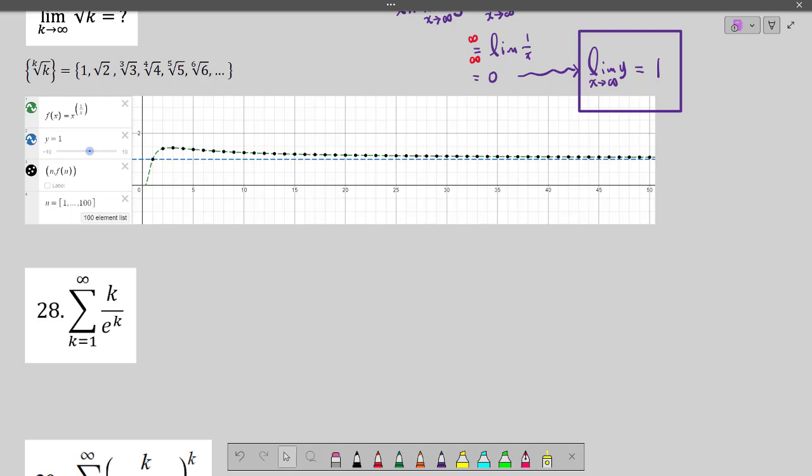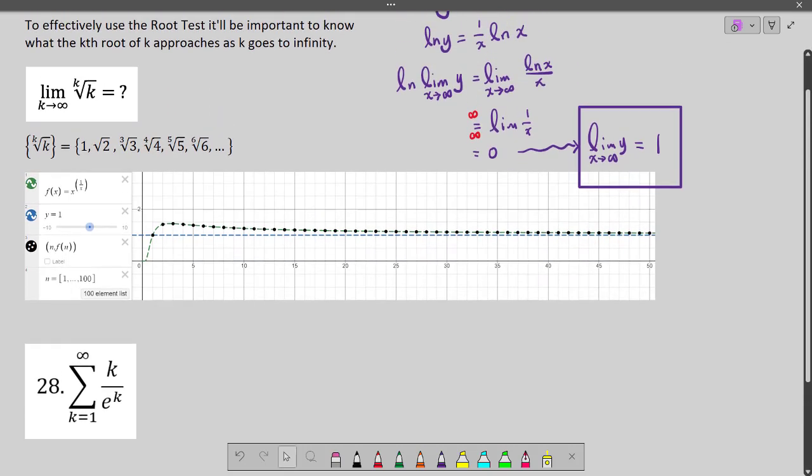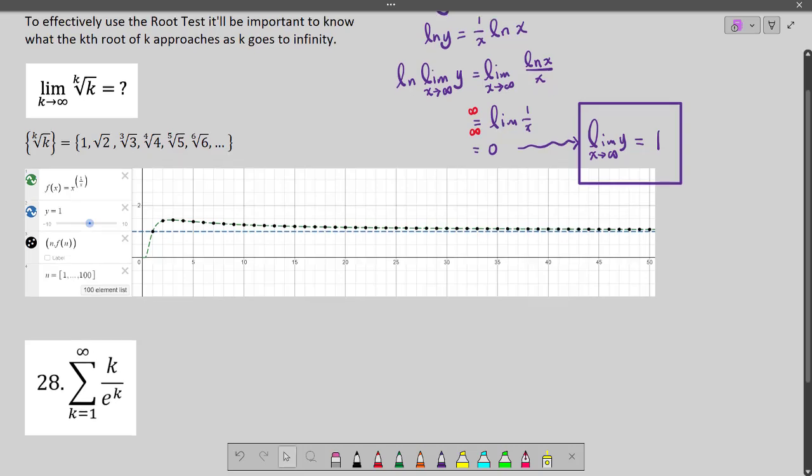So on the exam, if you come across the limit as k goes to infinity of the kth root of k, if it's just in the middle of a bigger problem, you can now assume that that's 1. Like if the problem said show that this is 1 using the log limit process, then you'd have to go through that. But if you're just coming down to evaluating some limit at the end of a root test, you can now conclude that that's 1.